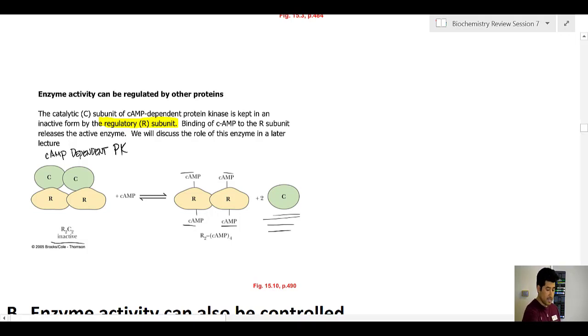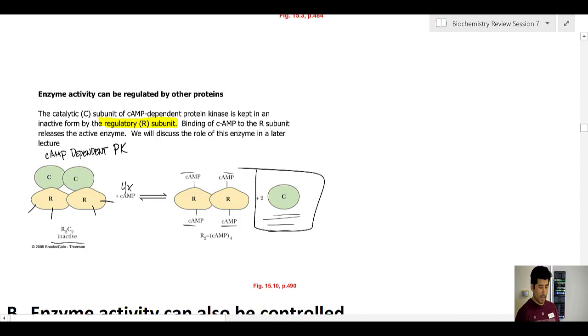So when we say that the enzyme activity can be regulated by other proteins, we're talking about a protein which is taking cyclic AMP, more specifically 4 of them, attaching them here, here, here, and here, kicking off the cyclic AMP dependent protein kinase regulatory subunits, and making 2 active catalytic subunits.